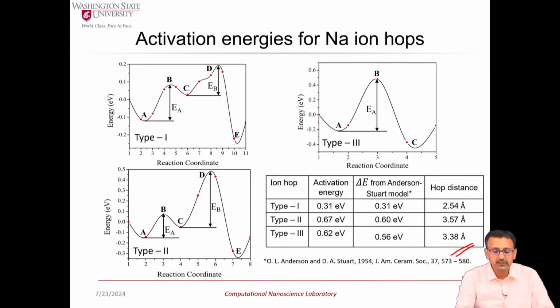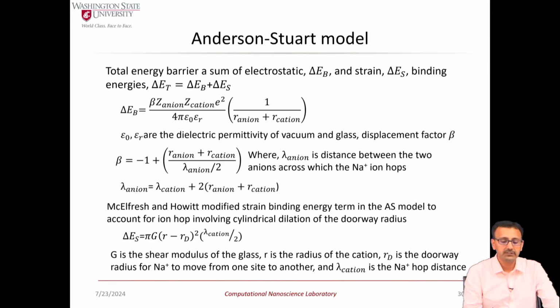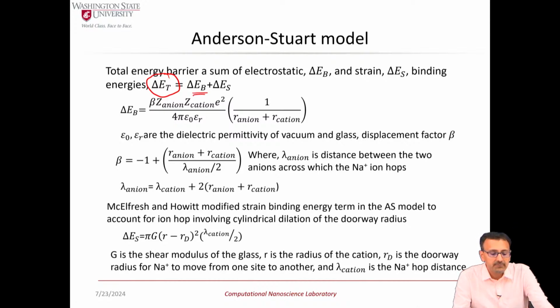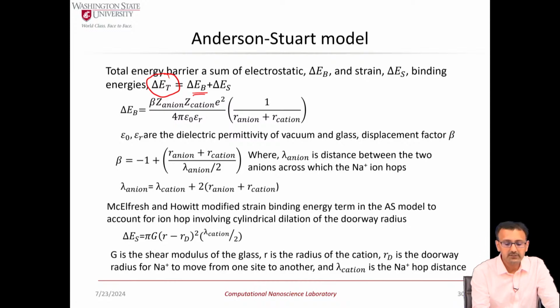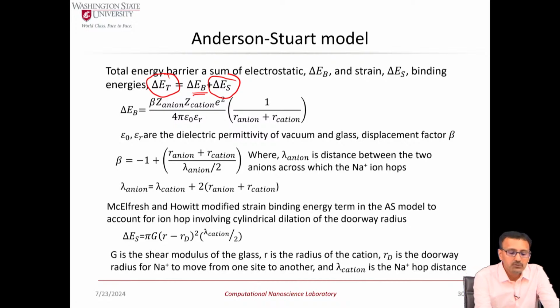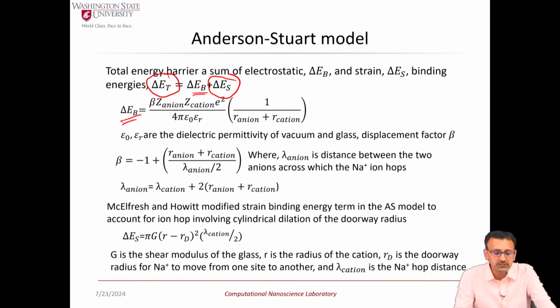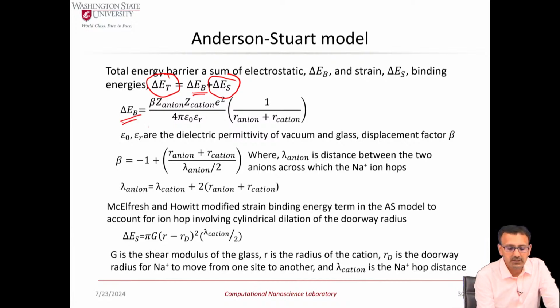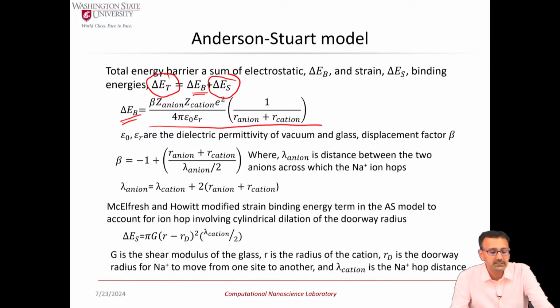So, let us look at the expression from Anderson-Stewart's model. The Anderson-Stewart model determines the total energy for the ion hop, the energy barrier that is, which has 2 components. The first one is the electrostatic energy barrier or activation energy, and then the other one is the strain binding energy. Okay. So, the first term is given here as a function of a few different parameters in this system.